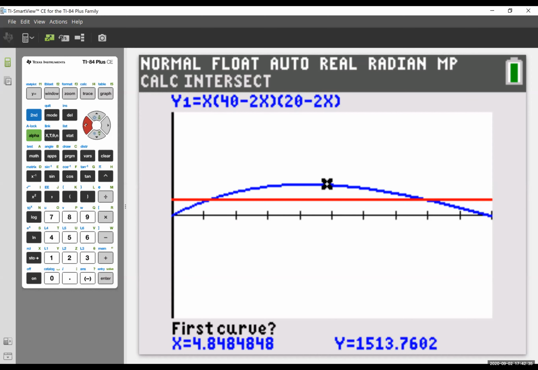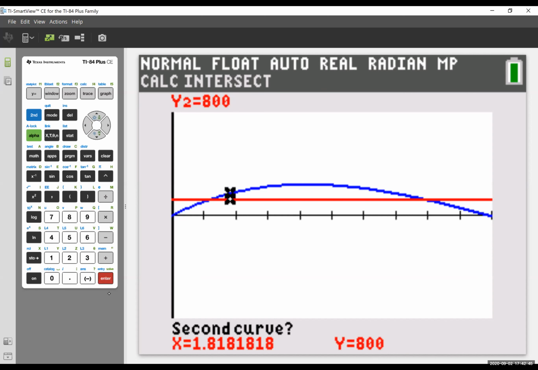So I'm going to move it closer to the first intersection, because sometimes the calculator chooses which one it wants to go. So first curve is the blue line, or curve, second curve is the red line. Make it guess. And we have our intersection to be 1 point, let's say 2, 1.